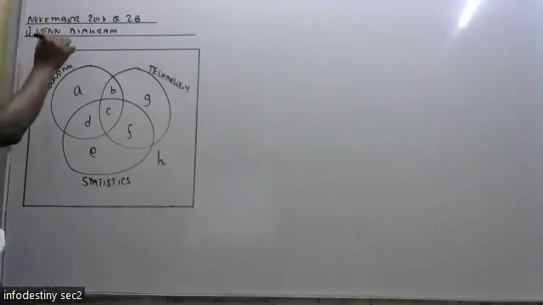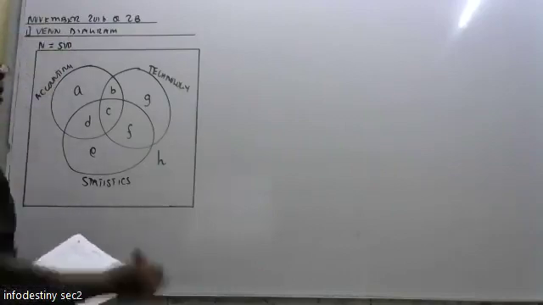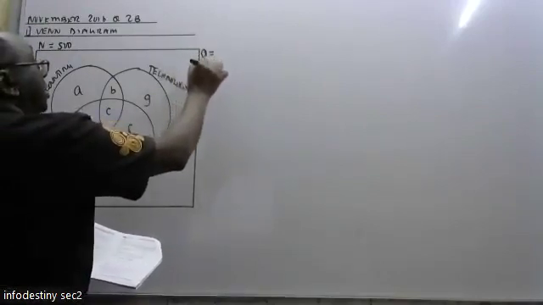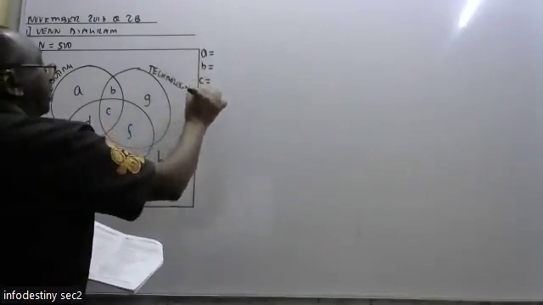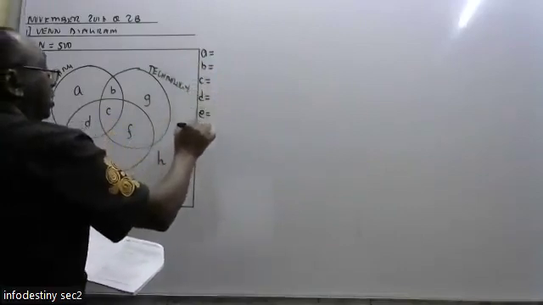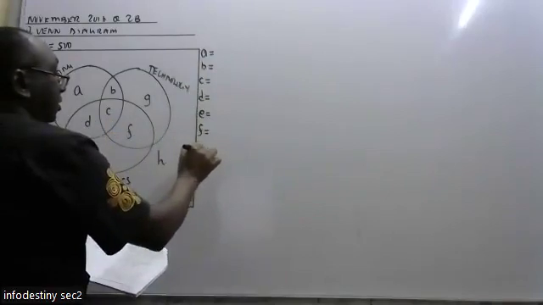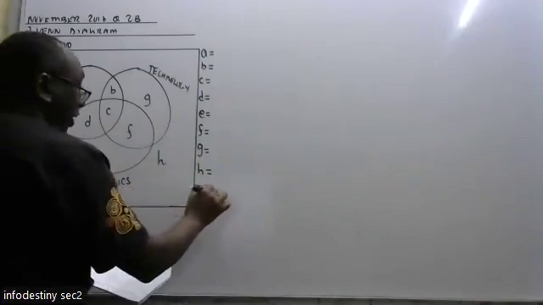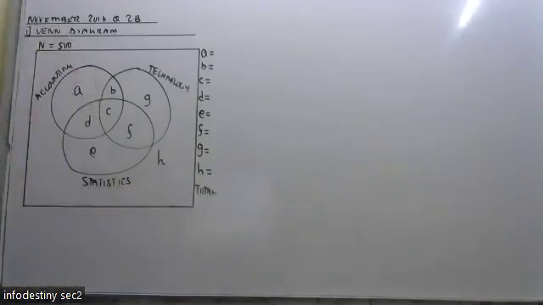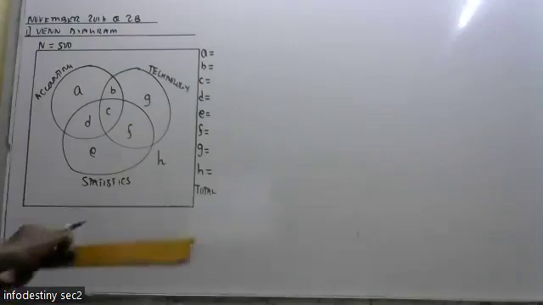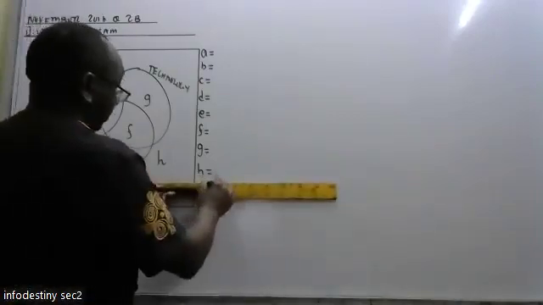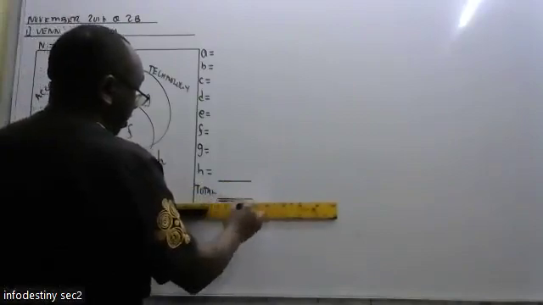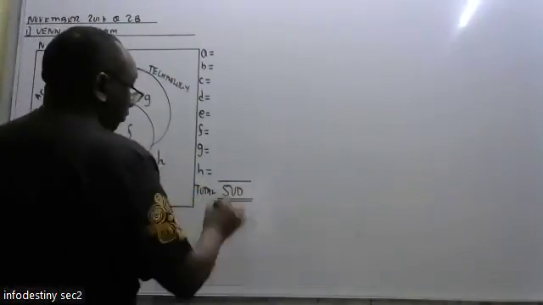We are told they are 500. Then when we shall look for the solutions, we have A, B, C, D, E, F, G, H, and the total again will go to 500. And the total down here will go to 500.